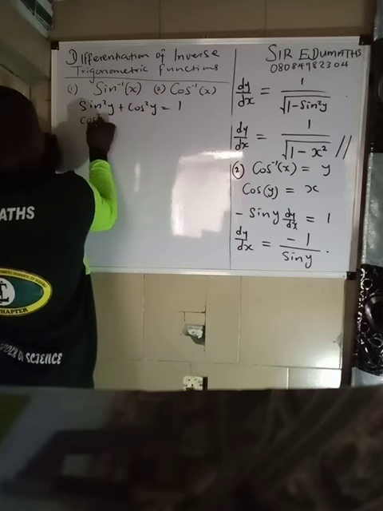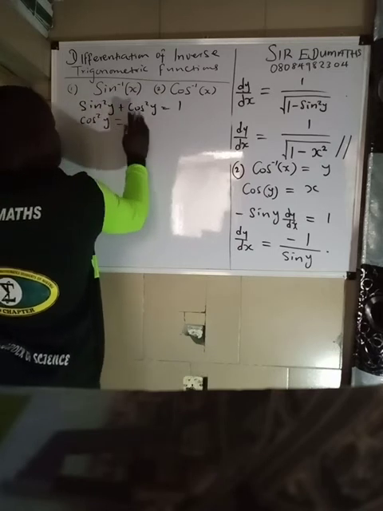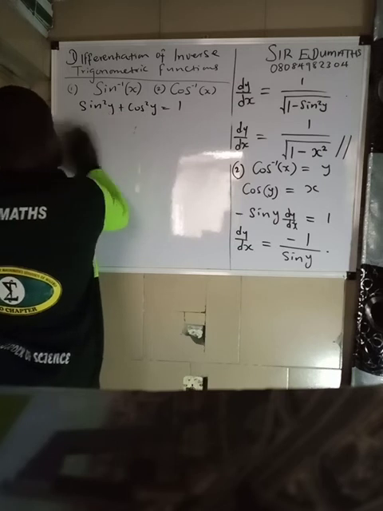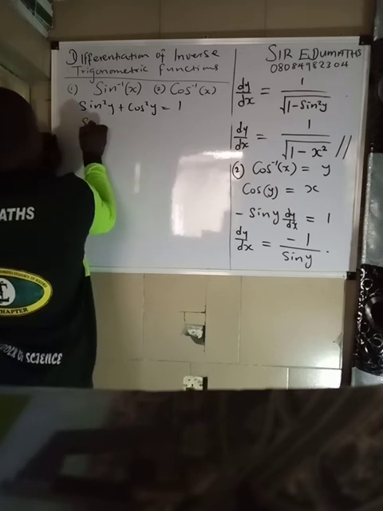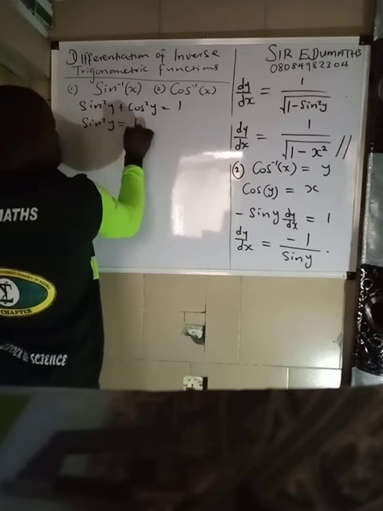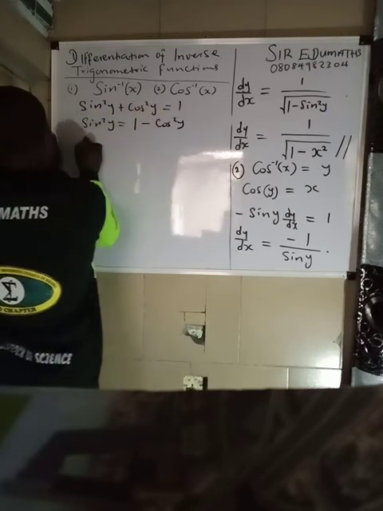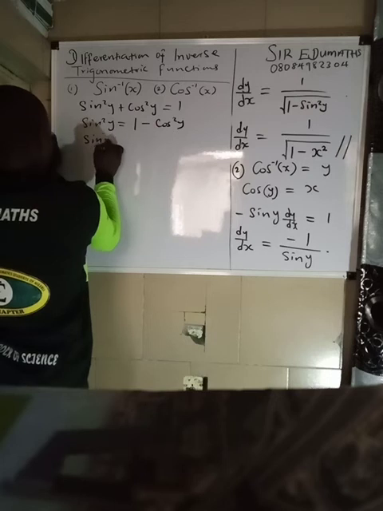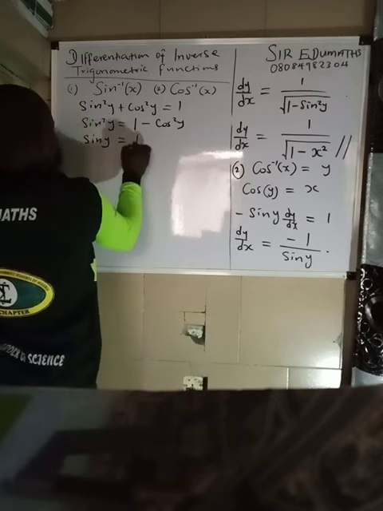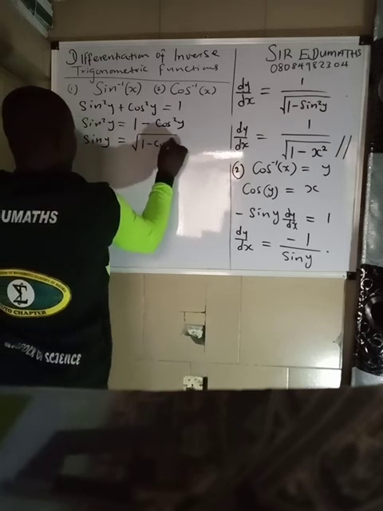This implies that, sorry, we are looking for sine square this time around, sine square y is equal to 1 minus cos square y. This implies that sine y is equal to the square root of 1 minus cos square y.